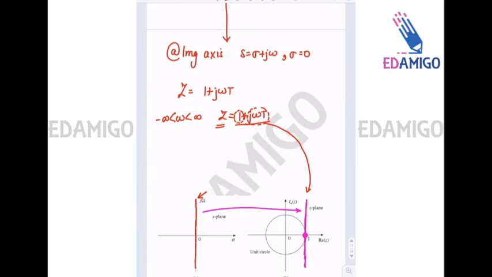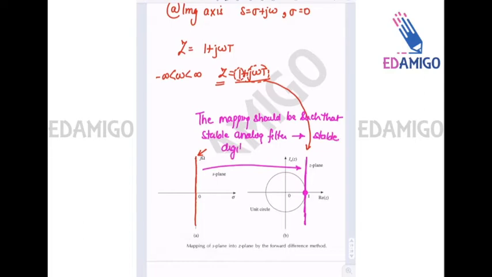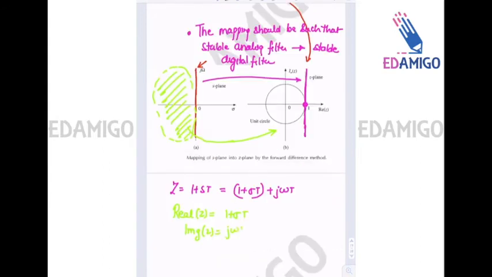Now we know that the mapping should be such that a stable analog filter should give us a stable digital filter, and we can see that here it is not happening because the imaginary part is j omega capital T. We can easily see that the mapping of this green region, that is the left half of the S plane, will be into this region of the Z plane.